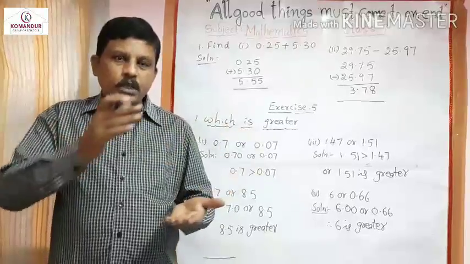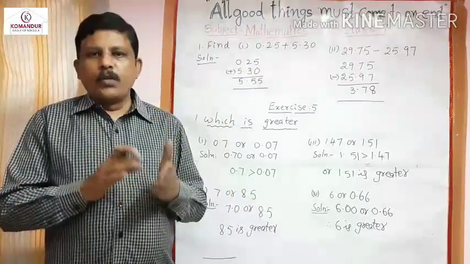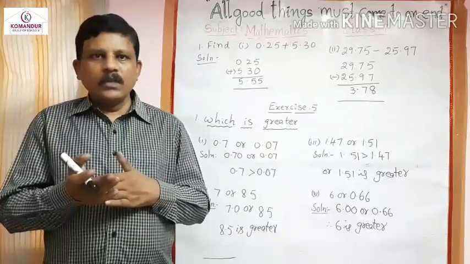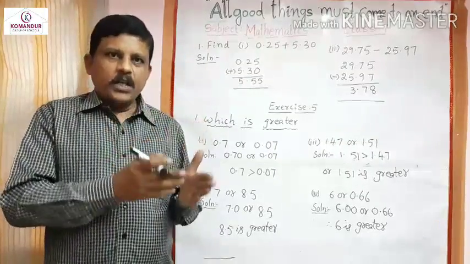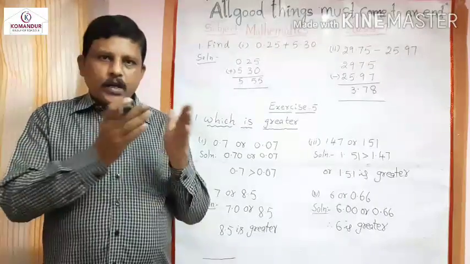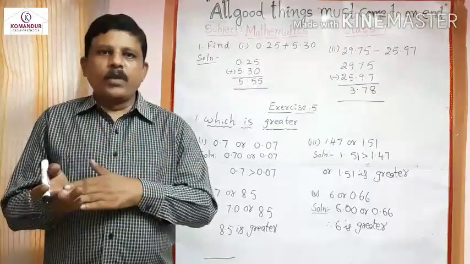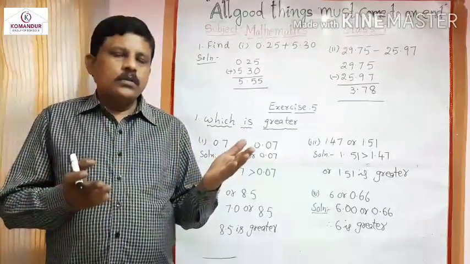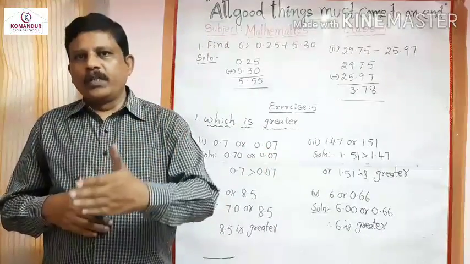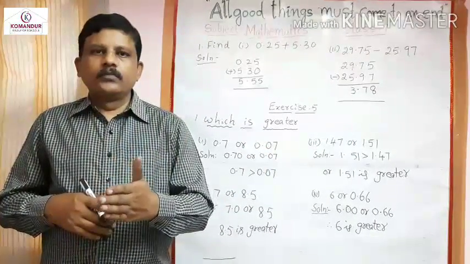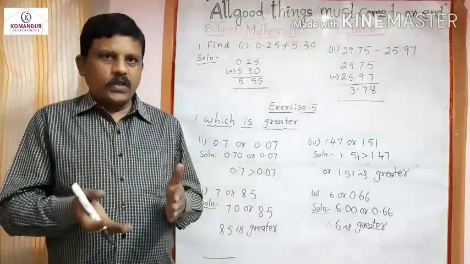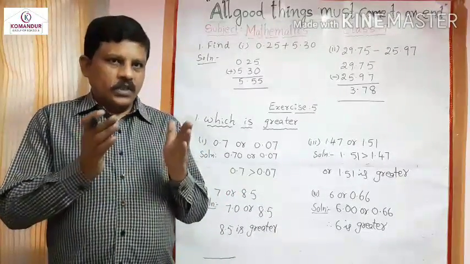Small to big means division: 1 meter is 1 by 1000 kilometers, 1 centimeter is 1 by 100 meters, 1 millimeter is 1 by 10 centimeters. So small to big, we will divide. This is conversions.